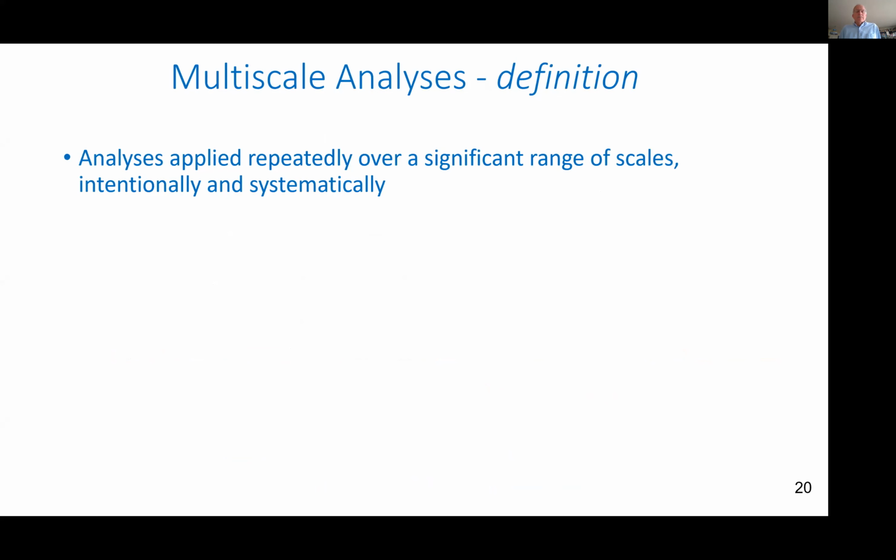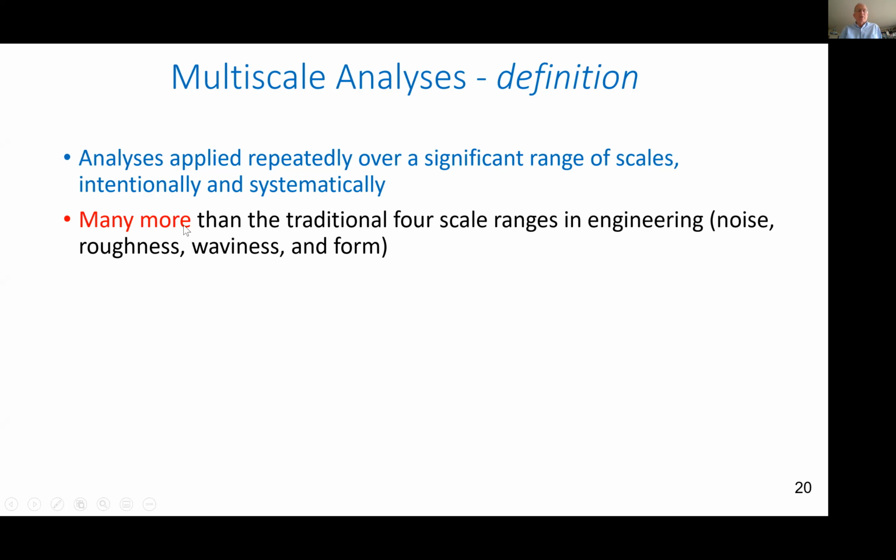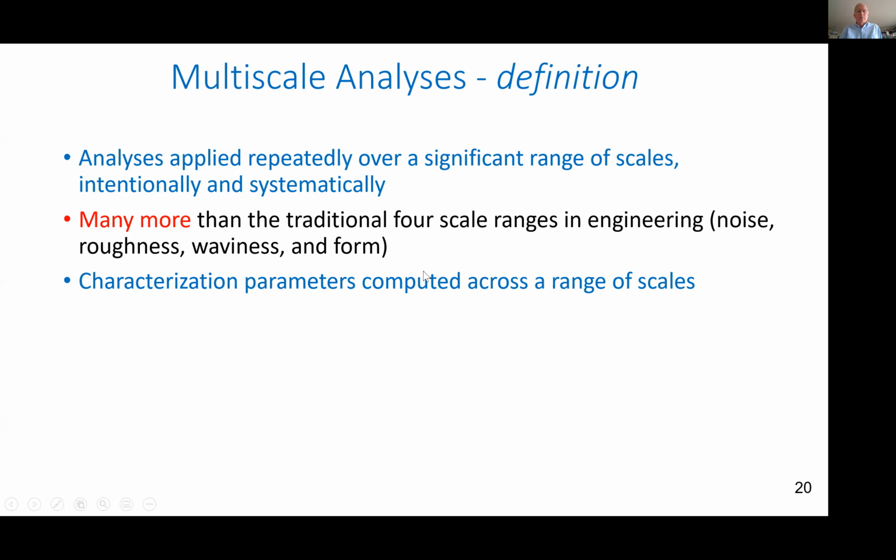And so what we're looking for are analyses that are applied systematically over a significant range of scales. So we're going to look at scale specificity that we didn't look at before. And we need many more than the traditional 4 ranges of scales that we were just looking at. So these are much too coarse to qualify as true multiscale analysis.